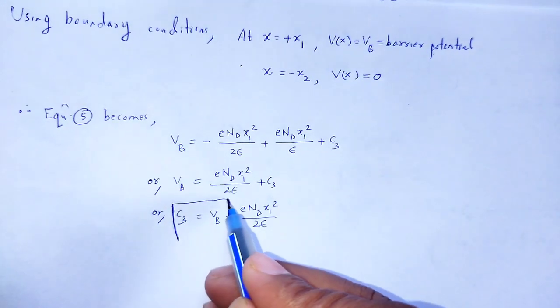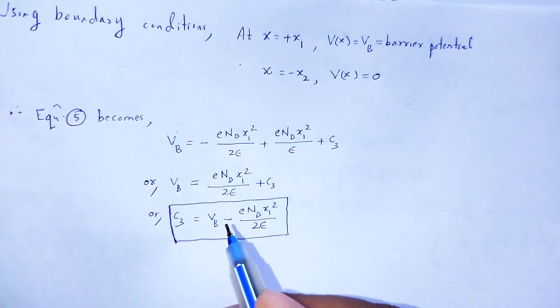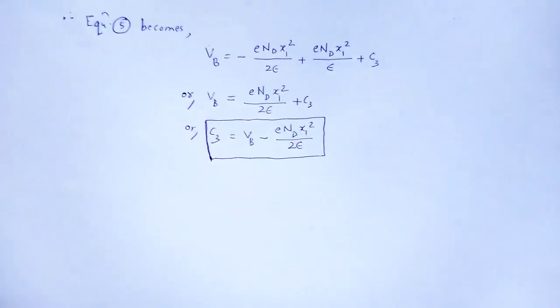So, constant C3 is evaluated. Now, we put that C3 in equation number 5.